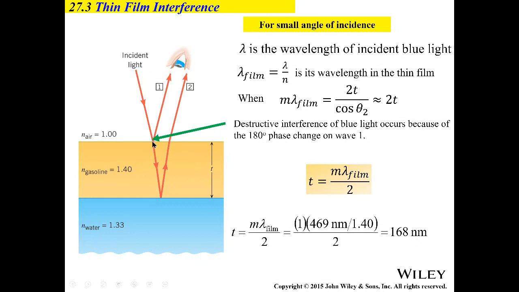When you're close to it, this one got bent closer, so the path length is the same as the thickness, because the difference between this and t is very small for small angle. Okay, this is the normal. You see it? This is the normal, and the angle is small because you are looking from above it.